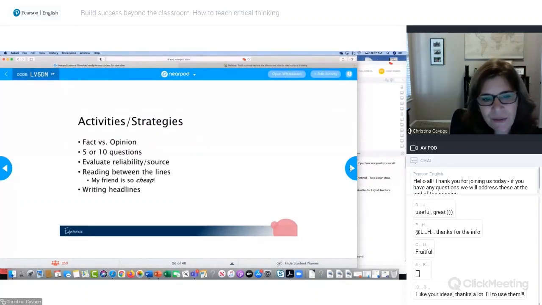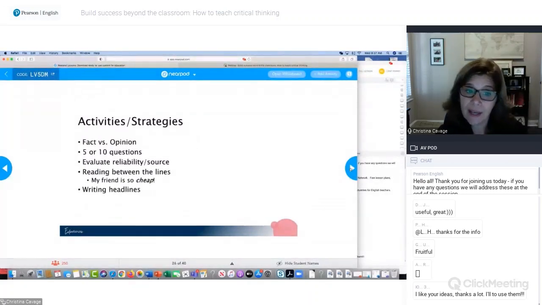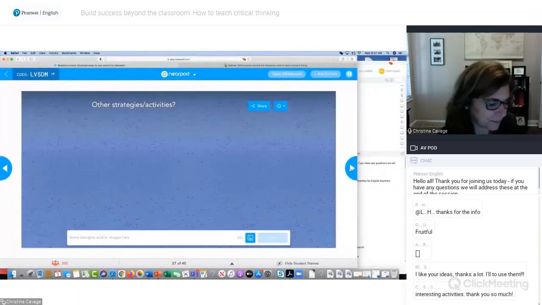Really getting them to think through that figurative language. Getting my students to write the headlines: reading stories, listening to stories, what's the headline? Getting them to write the headlines using very succinct language, which again builds that language skill.